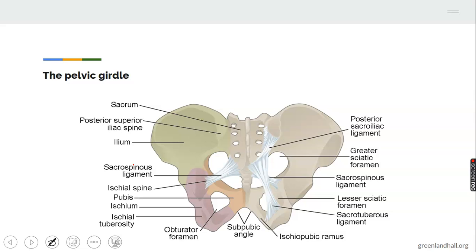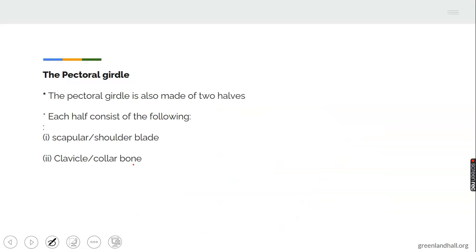That is the second part where we have unmovable joints. The pectoral girdle is also made up of 2 halves. Each half consists of the following: the scapula, or what we call the shoulder blade, and the clavicle, or the collarbone. We saw it when we looked at the rib.